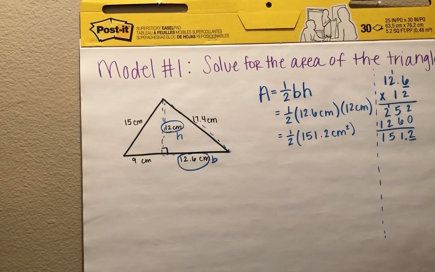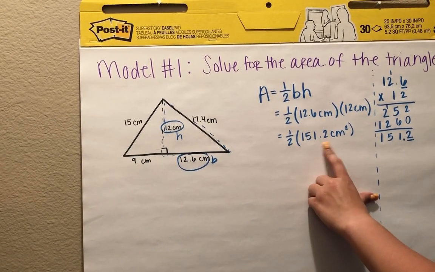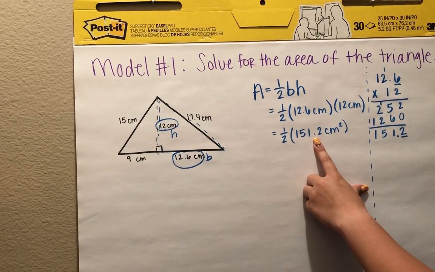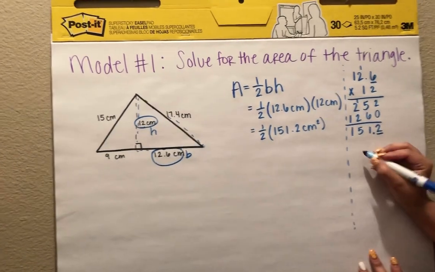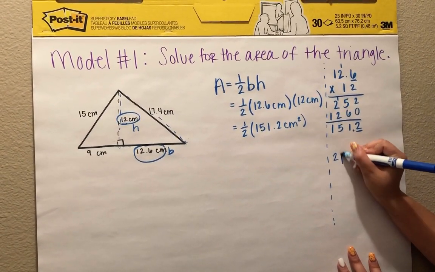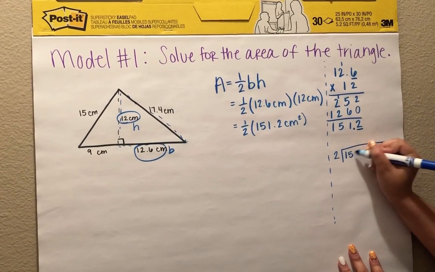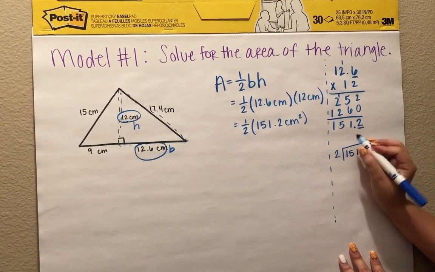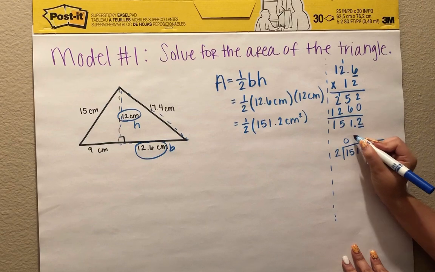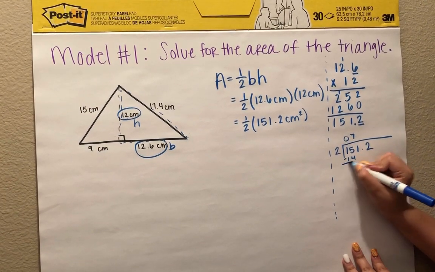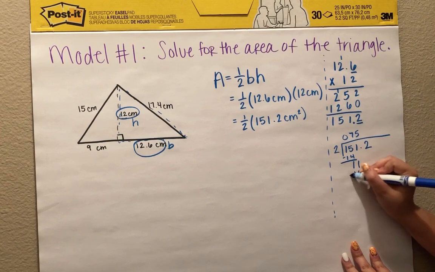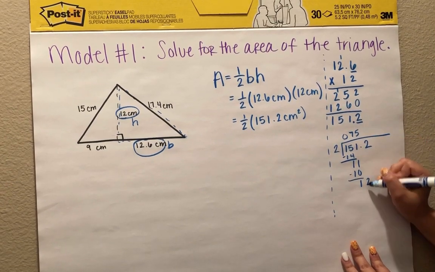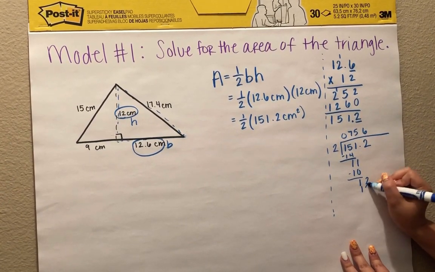Now, I know that I need to multiply half times 151.2, but I know that multiplying by a half is the same thing as dividing by 2. So I'm going to go ahead and divide by 2. 2 goes into 1, it can't, but 2 can go into 15 7 times. 2 goes into 11 5 times. 2 goes into 12 6 times.